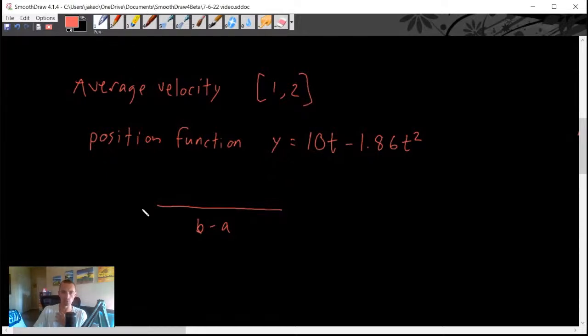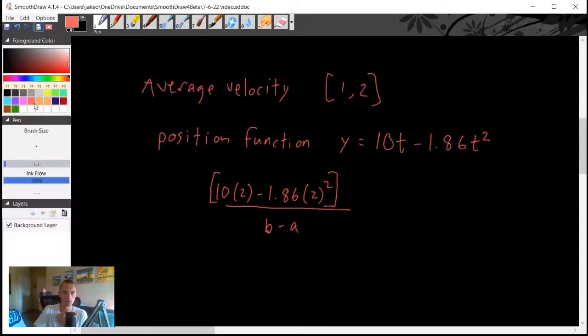So plugging in 2 into our function, we're going to get 10 times 2 minus 1.86 times 2 squared. Then I'm going to put this whole thing in parentheses. This whole thing here was just f of b.